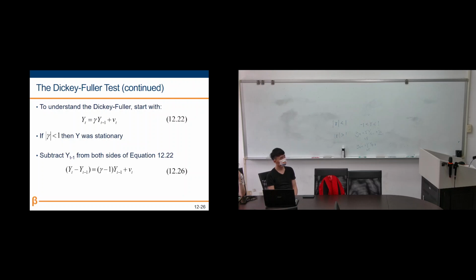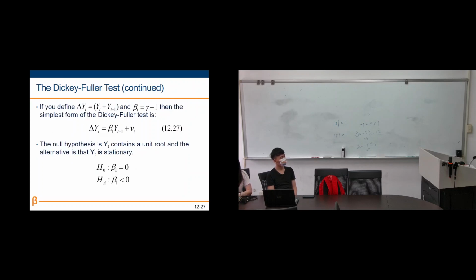So usually how do we express this one? The current period minus the previous period. Usually we use delta. Delta means change. So look at this. If we define, okay, you need to know how we define it.